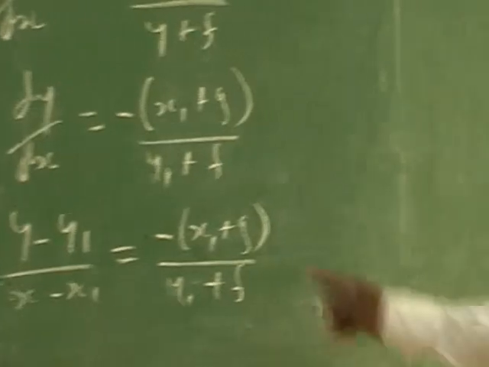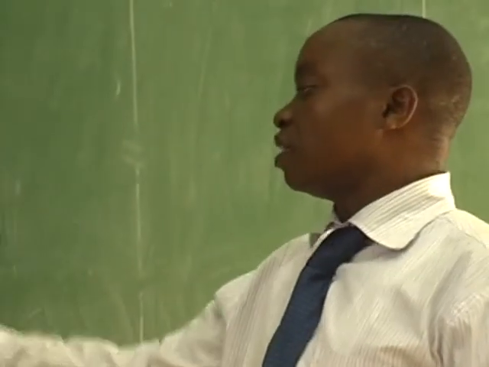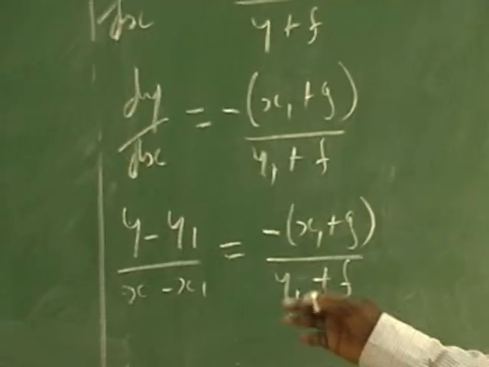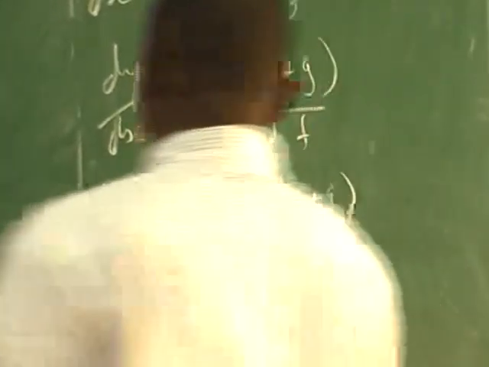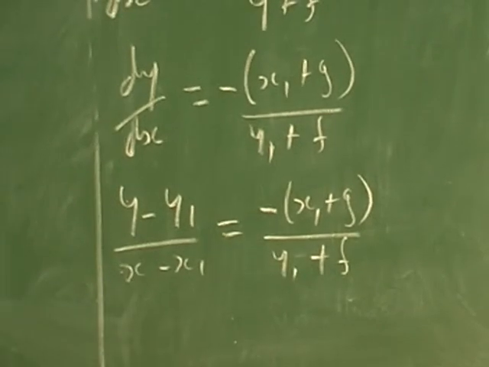Now, if we cross multiply this and make a suitable substitution, we can have the equation of the tangent of the circle.